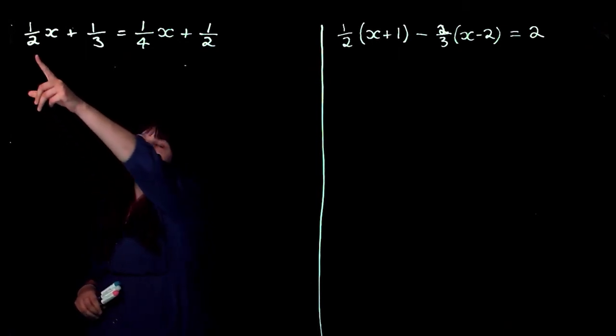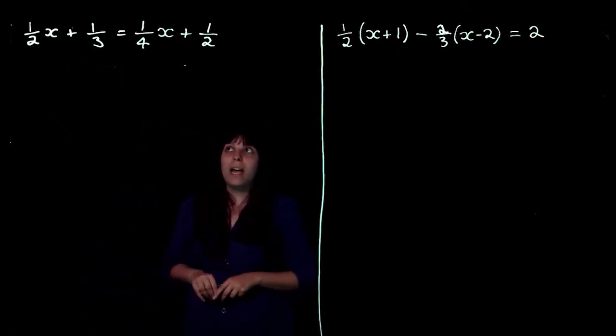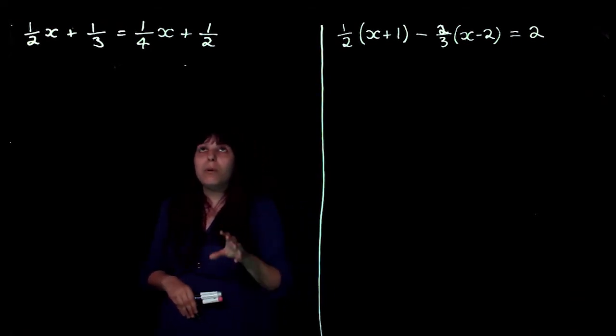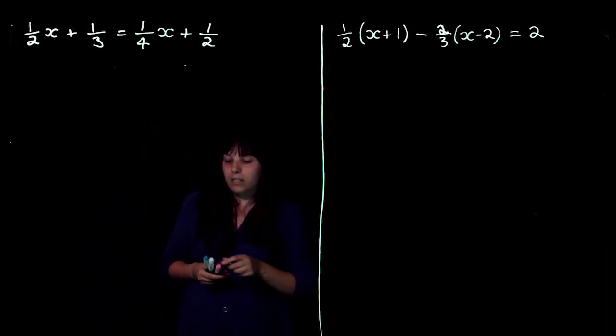So you can see all the denominators are 2, 3, 4 and 2. And I can see straight away that those numbers all go into 12. So what I'm going to do is multiply each term by 12 because that's the common denominator.